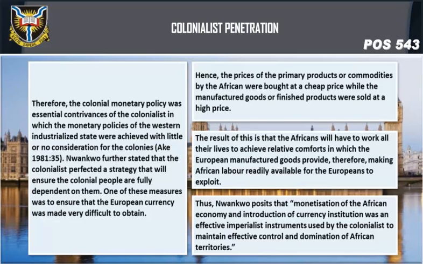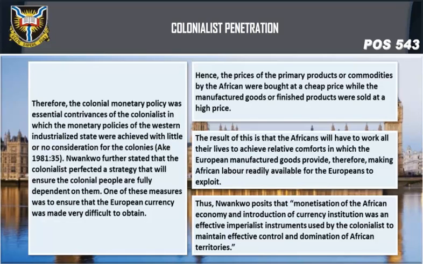One of these measures was to ensure that the European currency was made very difficult to obtain. Hence, the prices of the primary products or commodities from the Africans were bought at a cheap price, while the manufactured goods or finished products were sold at a high price.